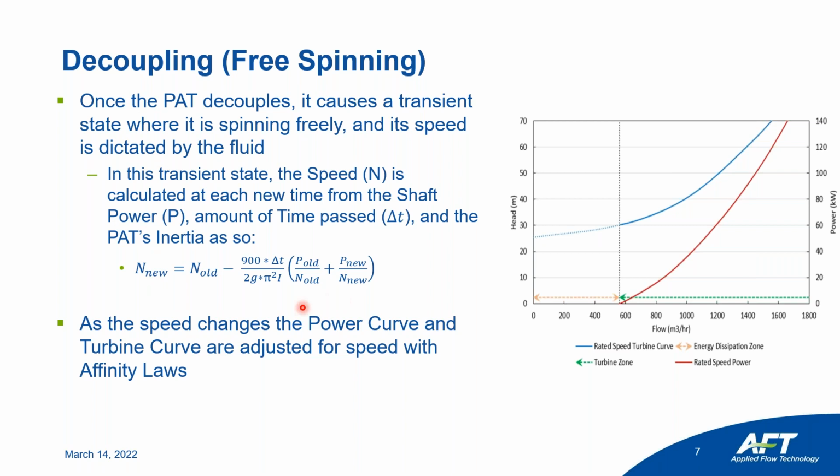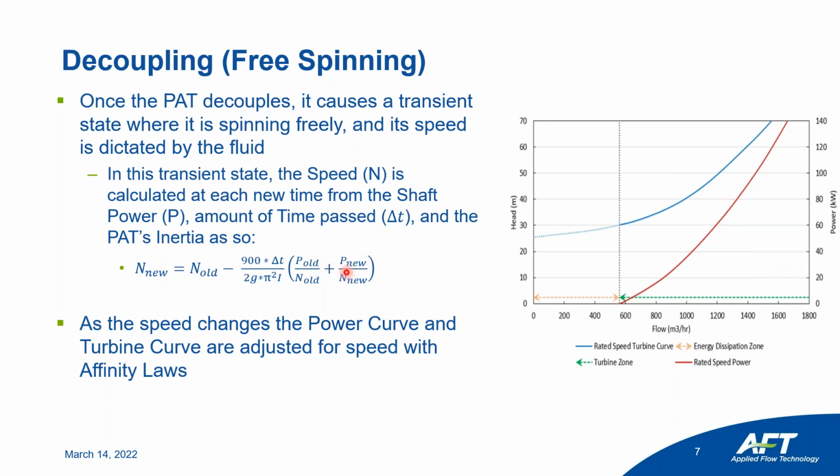So you can see this equation where we have the new speed, and the new speed for a given time step when you're free spinning is just the old speed minus this equation here, which is a function of the time between the two speeds, the old power, the new power, the old speed, and the new speed. So you could see this as an iterative process to calculate the new speed.